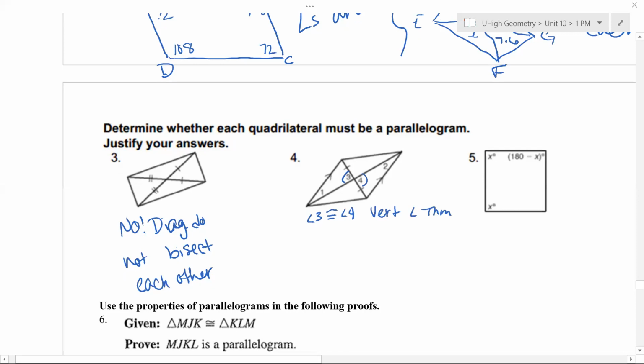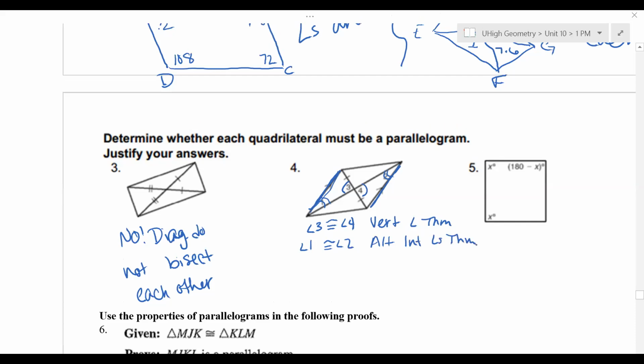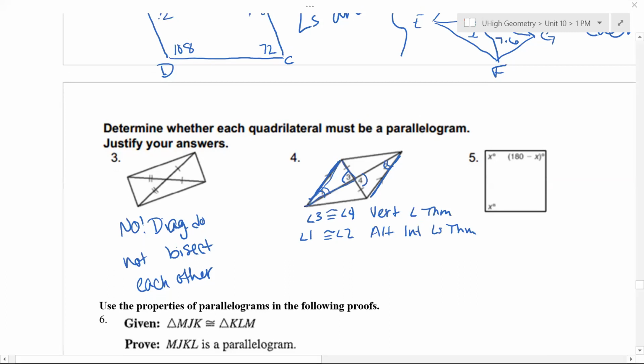So by that vertical angles theorem. I also notice that my 2 sides are my parallel sides, so that makes angle 1 and angle 2 congruent, and that's going to be by the alternate interior angles theorem. So now what I have is these 2 triangles on the side are now congruent by angle, angle, side congruence.